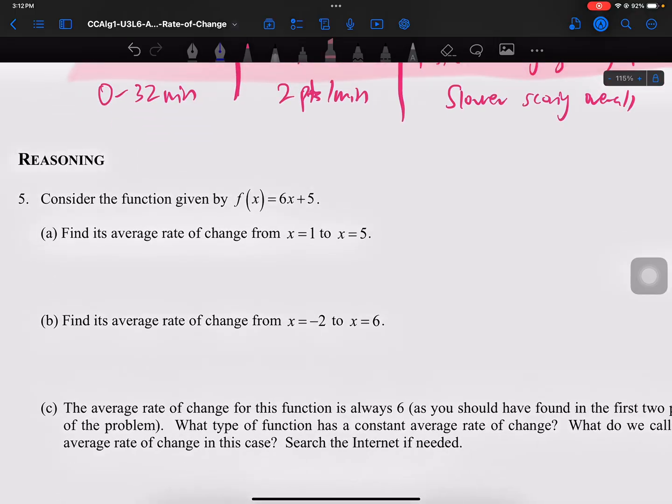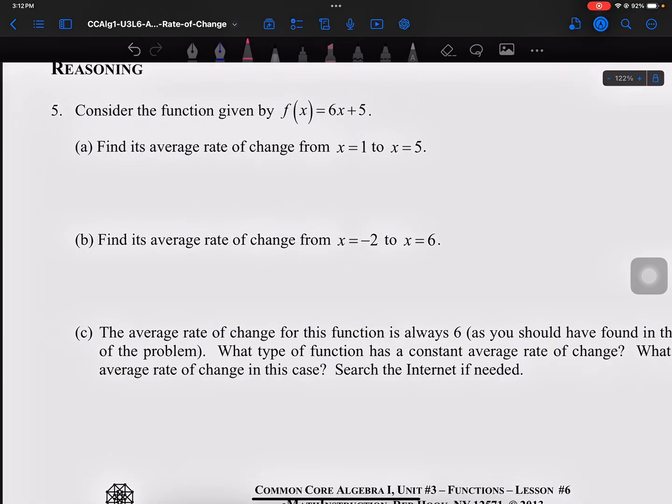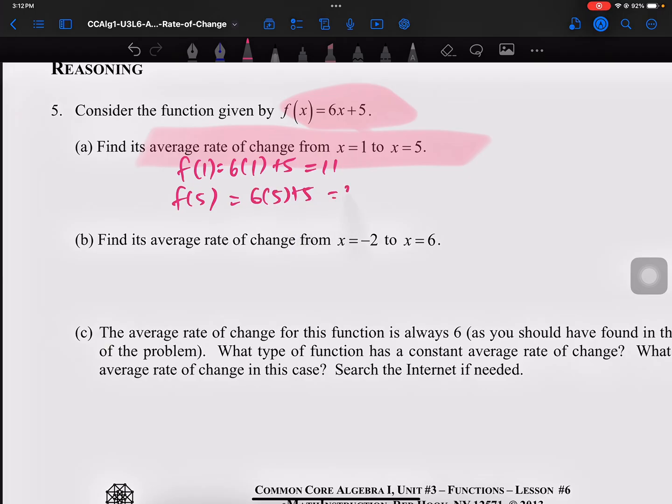Okay, then number 5. It gives us this function and asks us to find the average rate of change from x1 to x5. So f(1) is 6 times 1 plus 5, which is 11. For f(5), the output is 6 times 5 plus 5, which is 35.